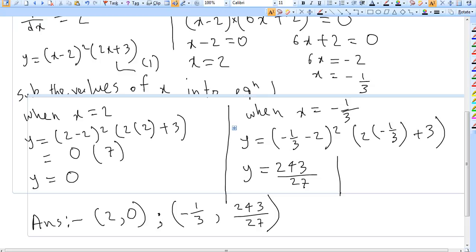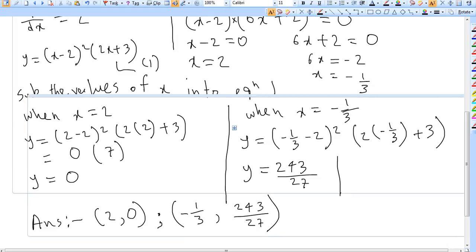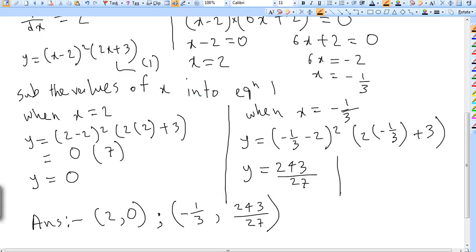Well, let me do this again for you. Let me evaluate this value over here. Okay, minus 1/3 minus 2 to the power square multiplied by 2 times minus 1 by 3 plus 3. Sorry, this should be 343. I was wrong. So this should be 343.